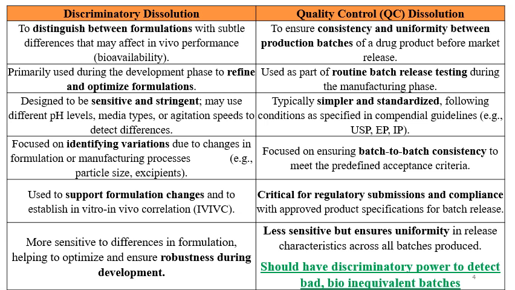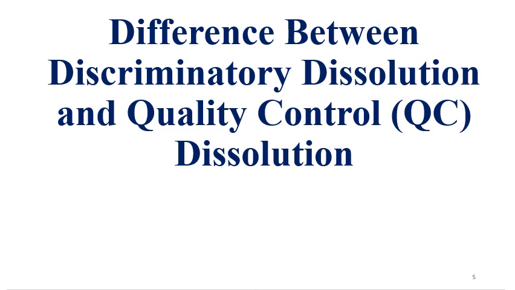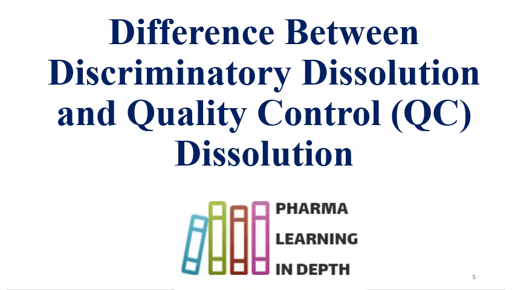So the quality control dissolution method should also be discriminatory towards identifying the mismanufactured batches, bio inequivalent batches, and the bad batches. So always understand that the quality control dissolution method is to be discriminatory and it must have discriminatory power. So this is regarding the difference between the discriminatory dissolution and quality control dissolution testing.